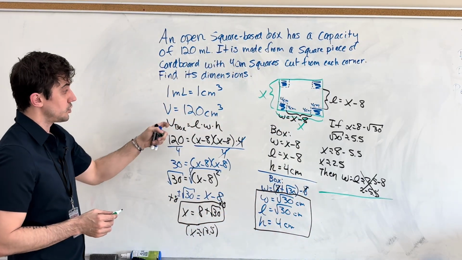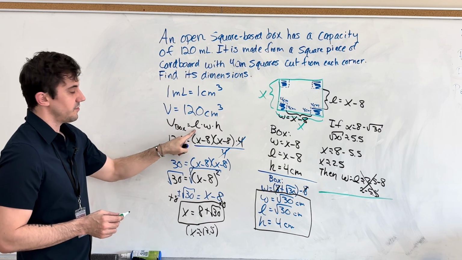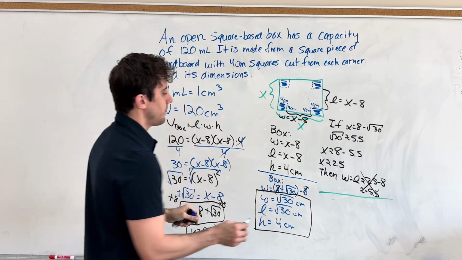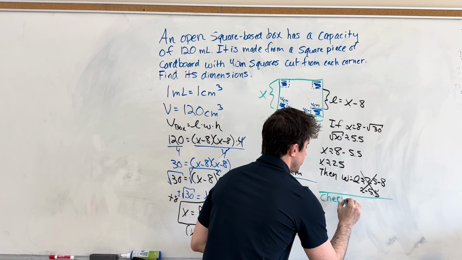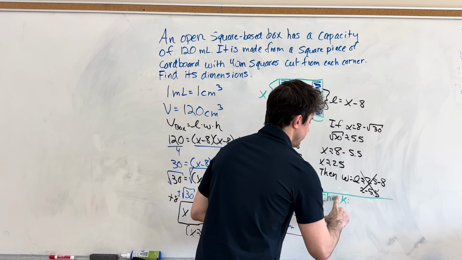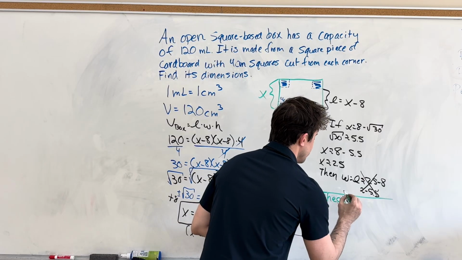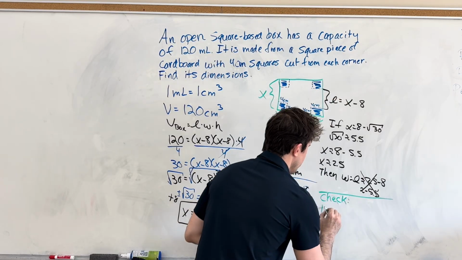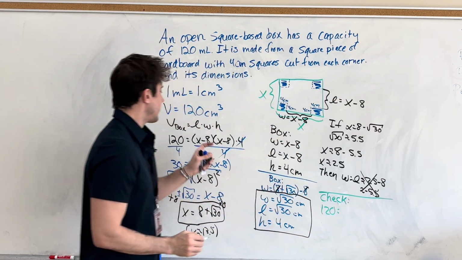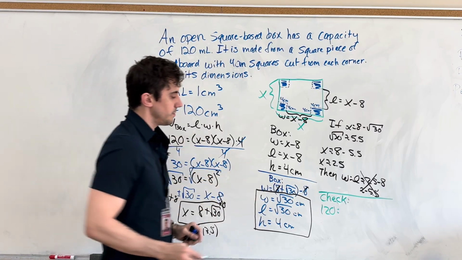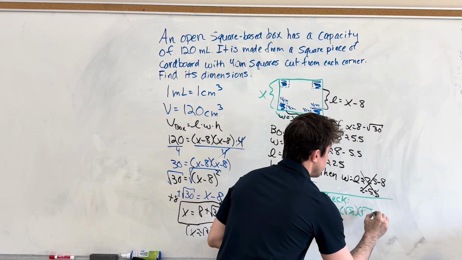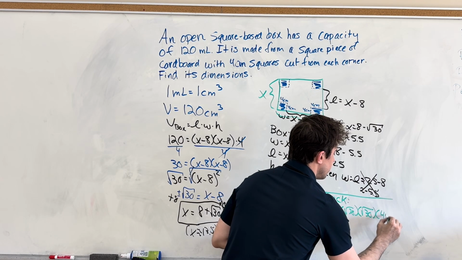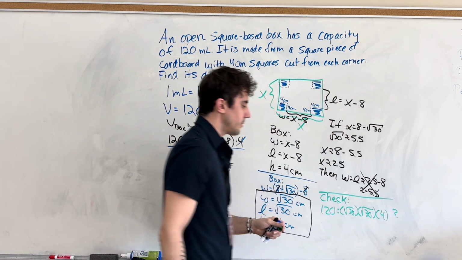We know the volume should be 120, and the volume is very generally speaking length times width times height. And so we can check. We can check if 120 is equal to, again, length times width times height, meaning is 120 equal to root 30 times root 30 times 4, question mark.